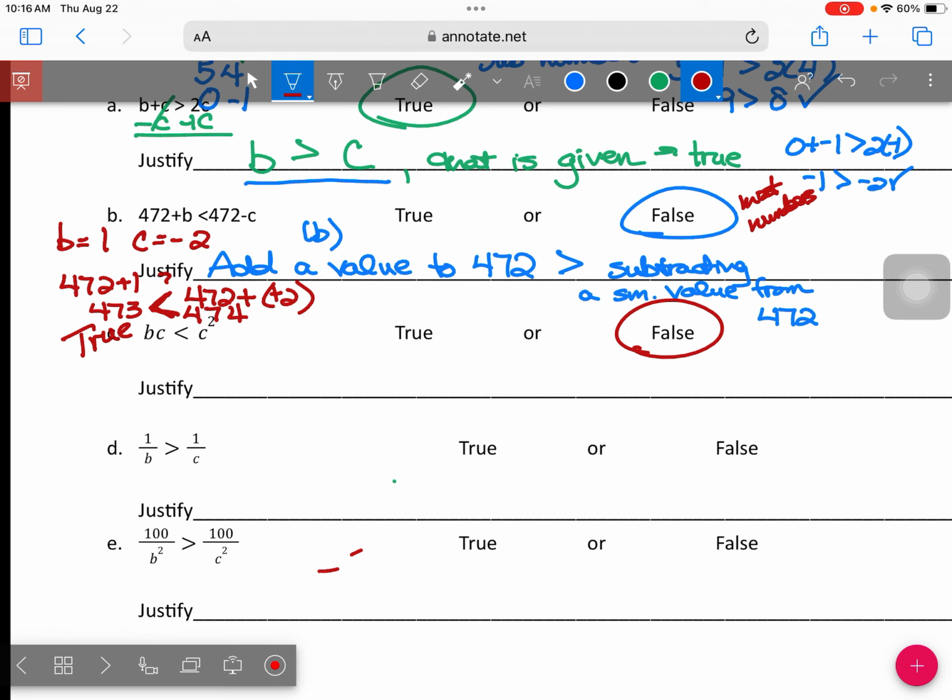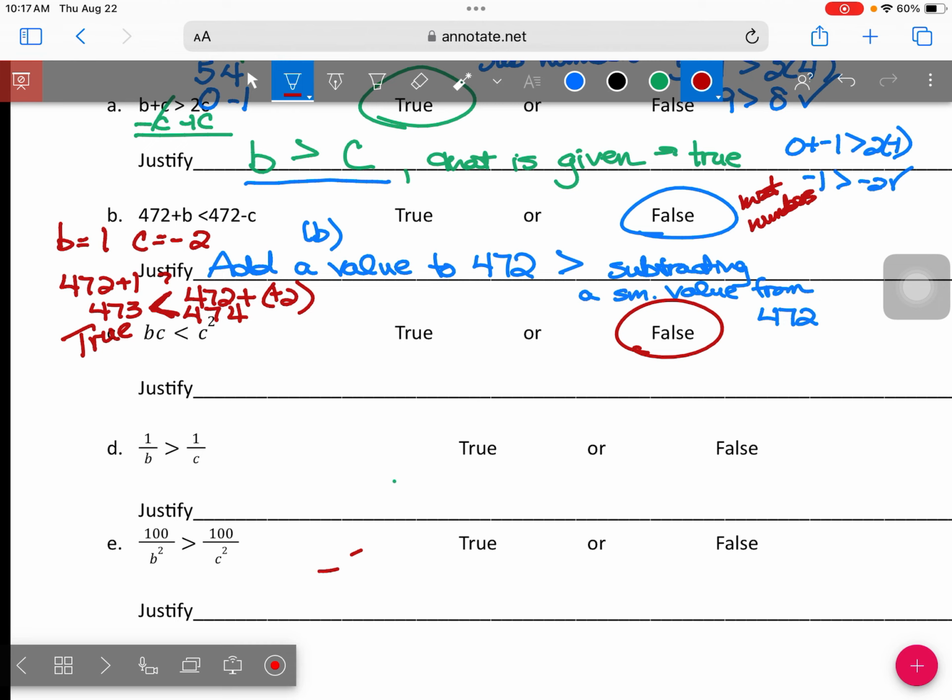Is what? You're right, but you got to justify it to me. You got to prove it. Why? That's what I'm asking you. Why? Because you guys could just guess. That's why.